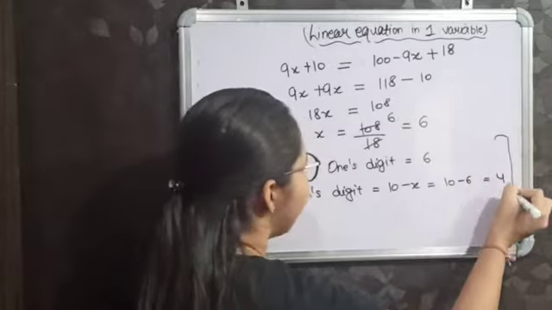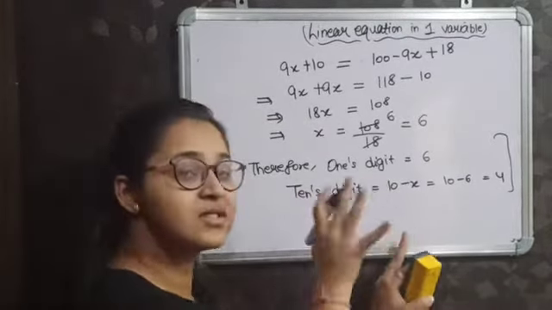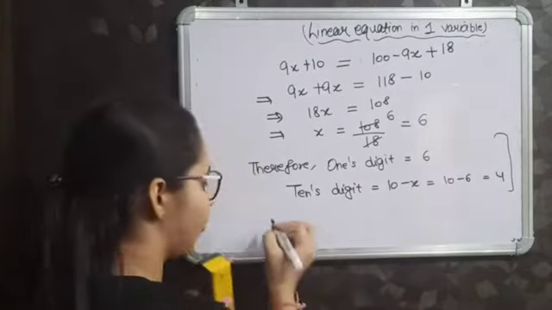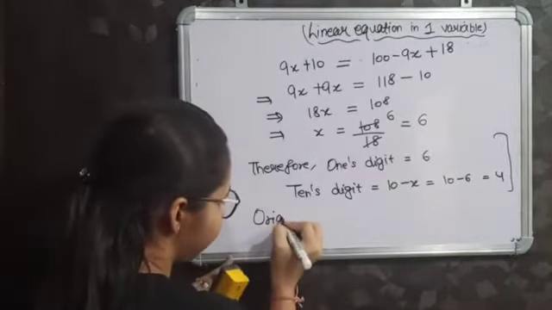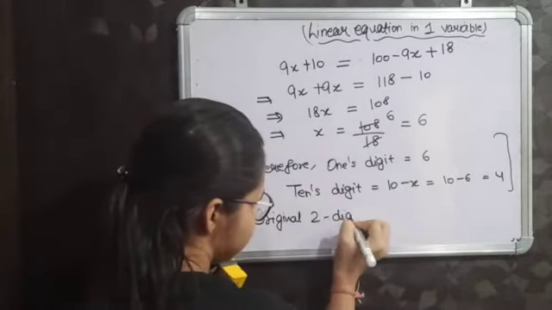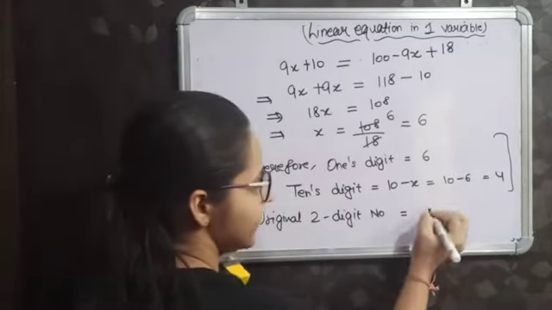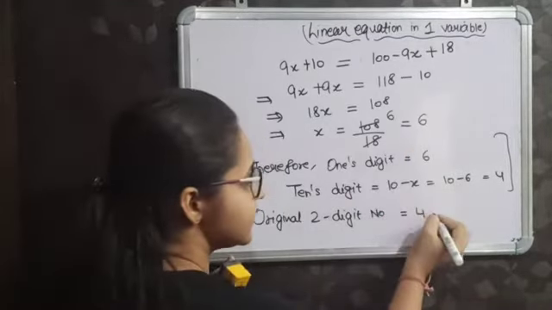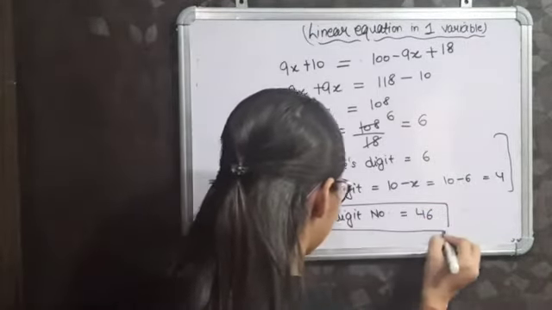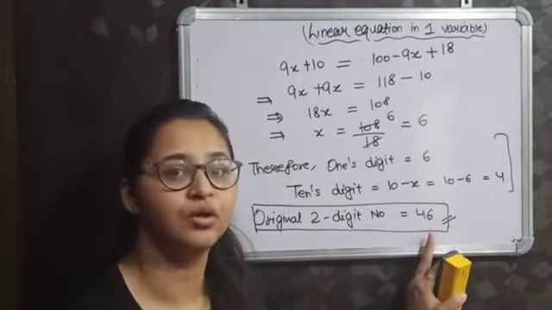So you have found the two digits, the 1's digit and the 10's digit of a number, and you can write simply a 2-digit number. The original 2-digit number is equal to, 10's digit is 4, 1's digit is 6. Very good. So your answer is that your original 2-digit number is equal to 46.